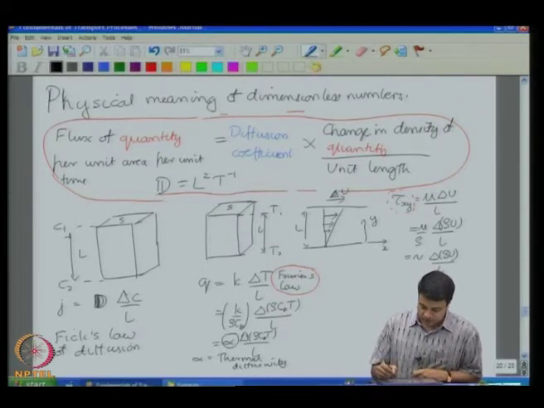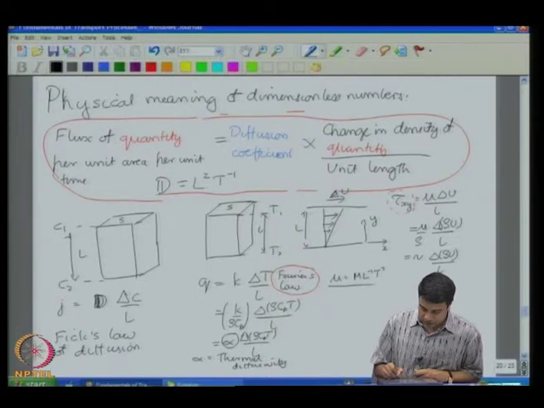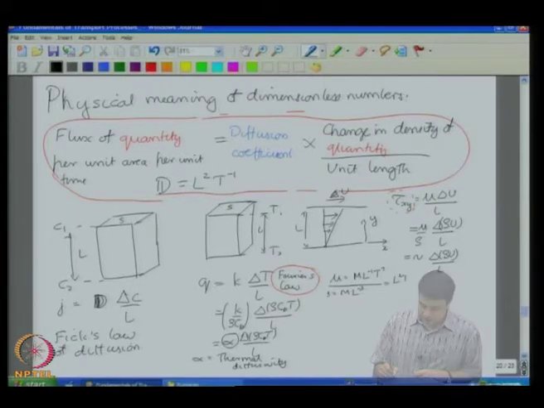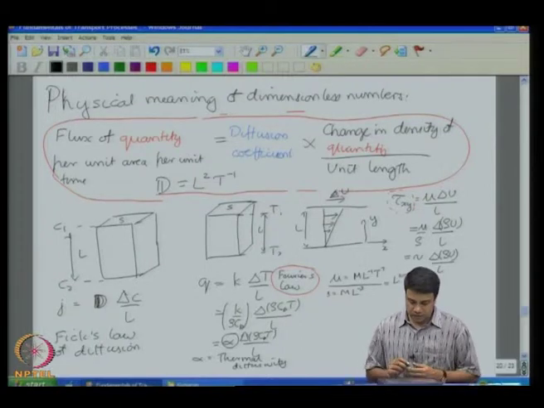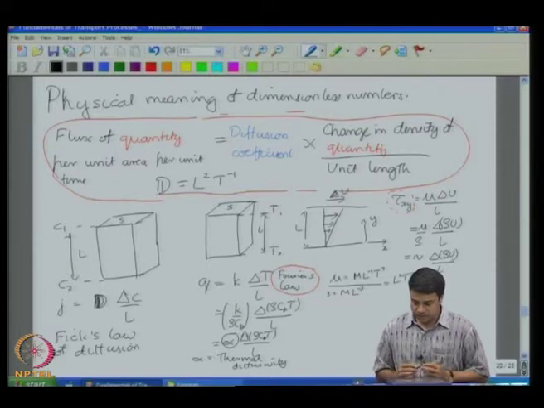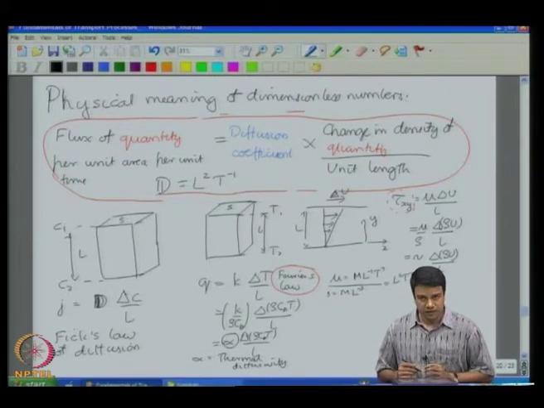For example, the viscosity is mass length inverse T inverse, the density is mass L power minus 3. So, if I take the ratio of these two, I will get L squared T inverse as the ratio of the viscosity and the density, and therefore, all diffusion coefficients will have dimensions of length squared T inverse.